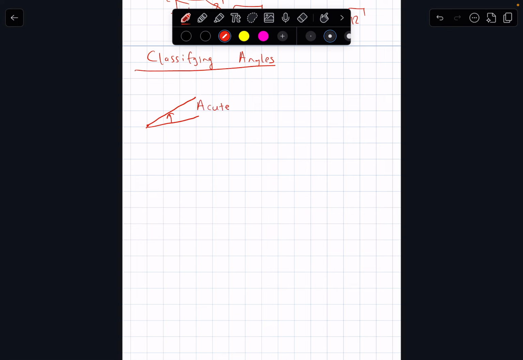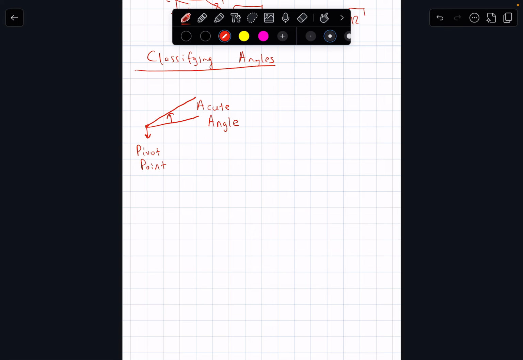It's so cute, it's tiny, okay, acute angle. And this is called the pivot point. Imagine you're opening a door, right? So it's like the hinge of the door. It's not moving anywhere, it's the center, the pivot point, and the door is opening and closing, the angles.